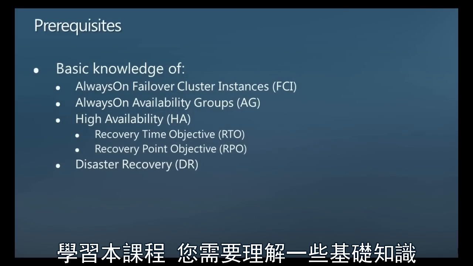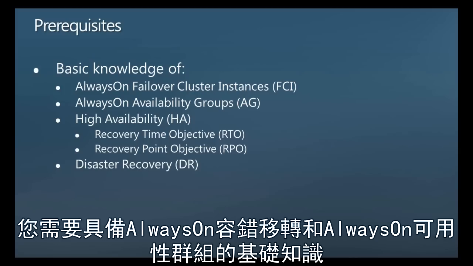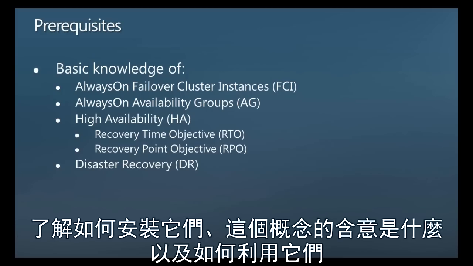For this session, there are some prerequisites you probably need to understand. We need you to have basic knowledge of AlwaysOn failover cluster instances and AlwaysOn availability groups, how to set them up, what the concepts are, and how you're going to leverage them.